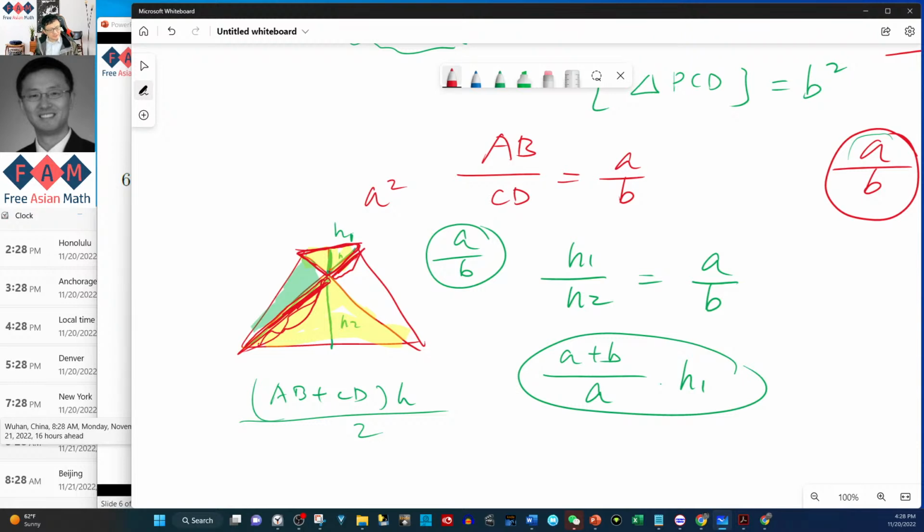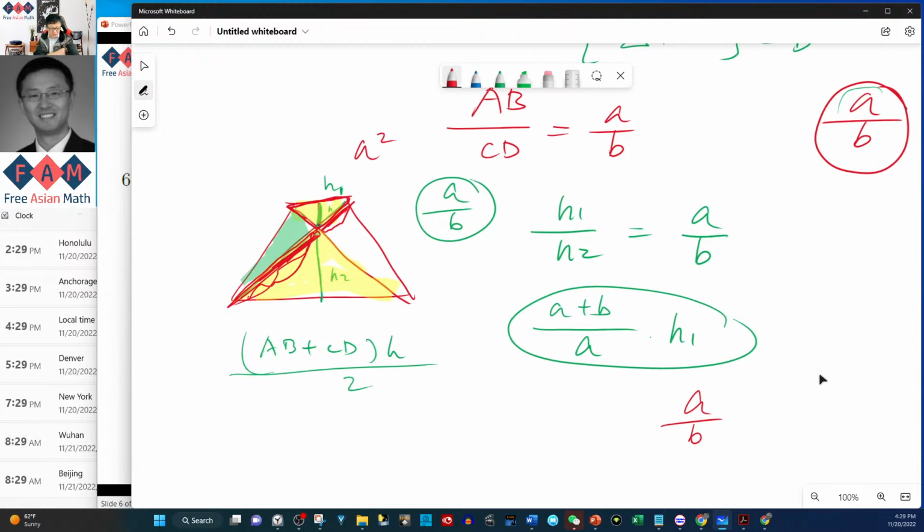But we do know this fraction is A over B. Therefore, because those two triangles share the same height, the areas ratio must be the ratio between the two bases. So therefore, the green triangle's area must be A squared times B over A. That's the ratio between the two bases. So this gives you AB.